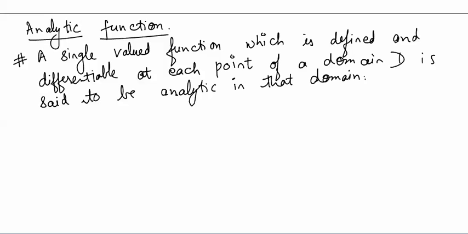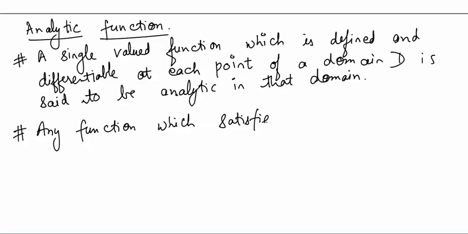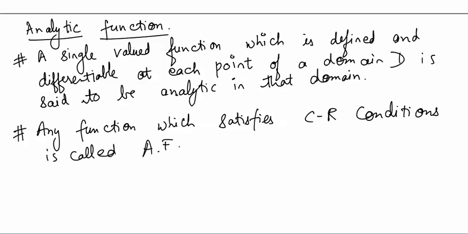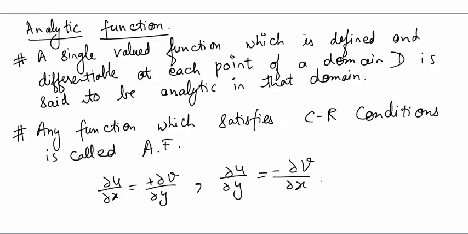Clear? Or in other words, any function which satisfies CR conditions is called an analytic function. The CR conditions are del u by del x equal to del v by del y, and del u by del y equal to minus del v by del x. These are your CR conditions. Clear?